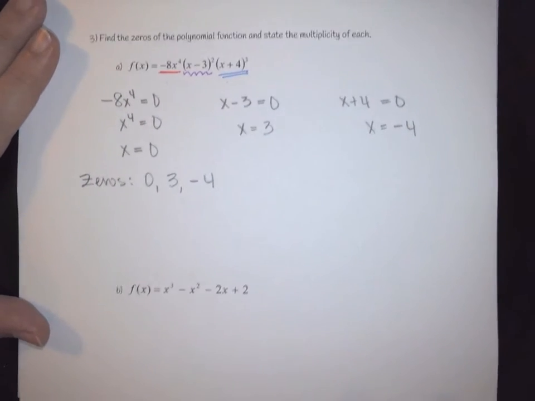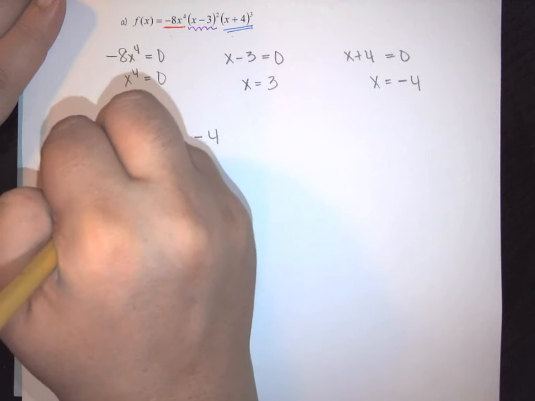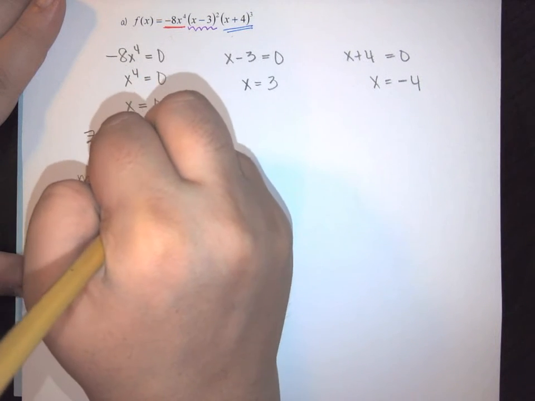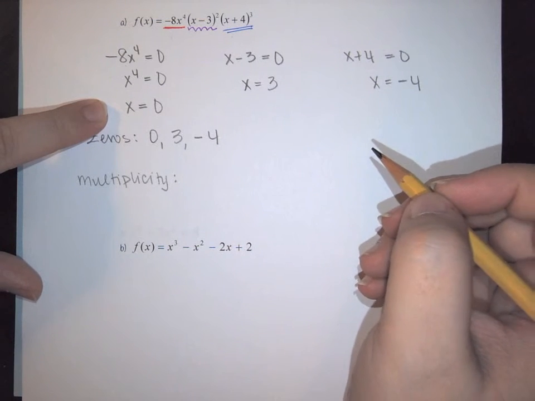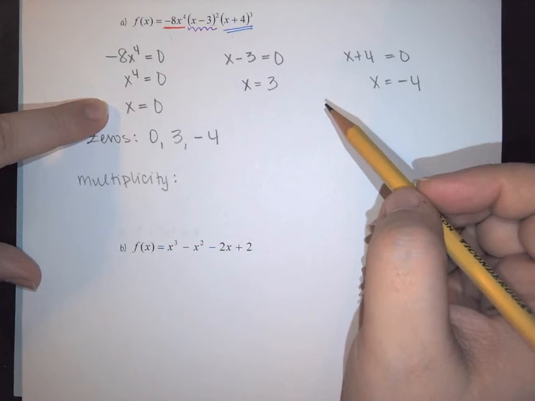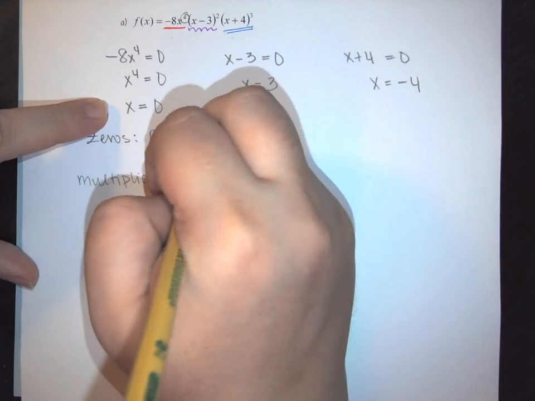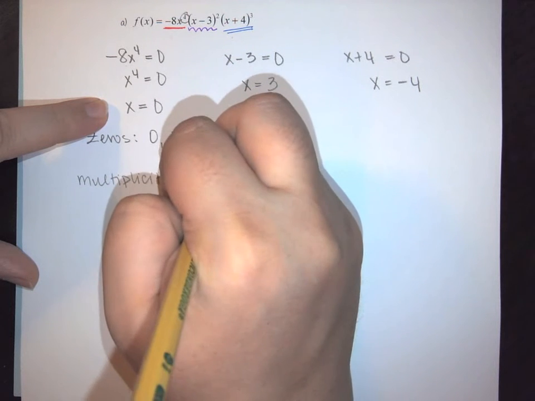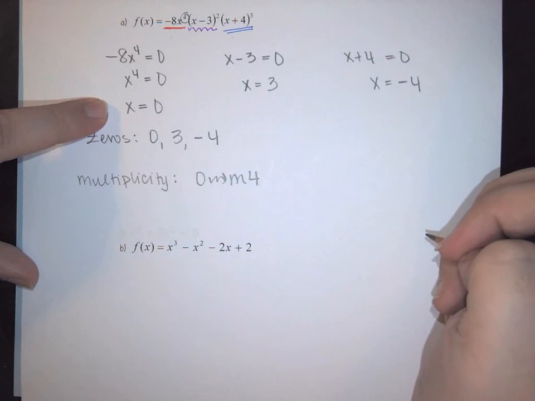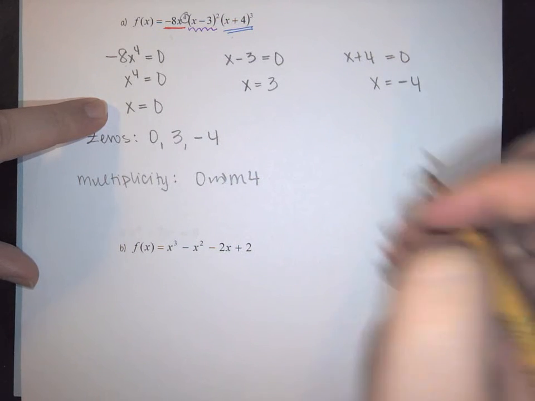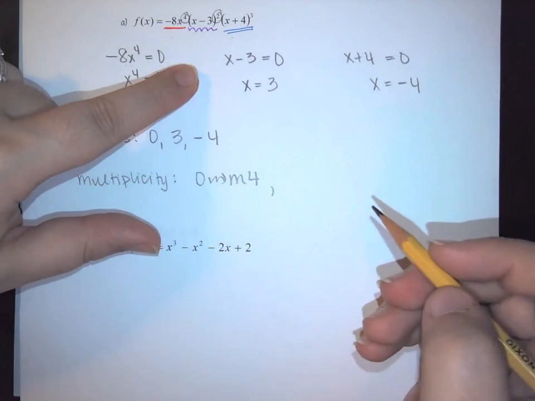Now with that, we need to know the multiplicities. Not only did we find the zeros, but we need to know the multiplicity. When we're looking at 0, we need to look at the degree that goes with it. My first one, my degree is a 4. So when I have a 0, it has a multiplicity of 4. Now my next one is 3, so again I have to look at its degree.